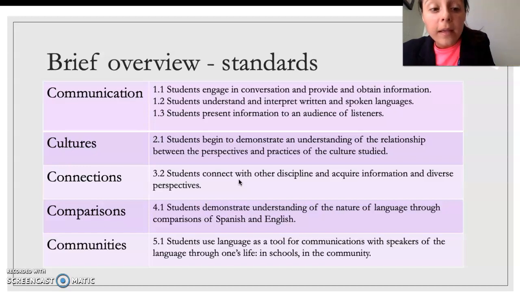And there will also be, I'm going to move right up here to connections. For this unit, there is a comic strip that students will be making for one of their learning activities where they will be getting Spanish-speaking magazines, and they'll cut out images of people that they like.